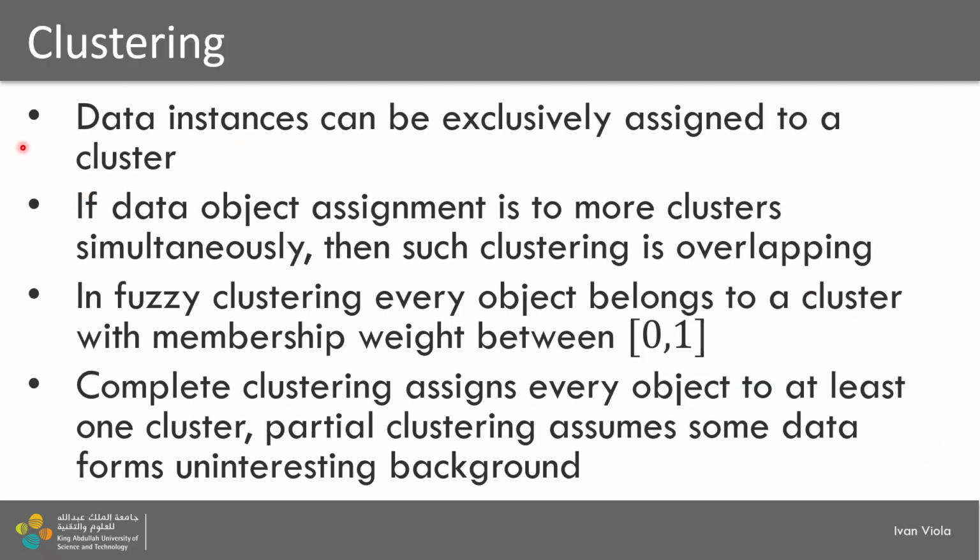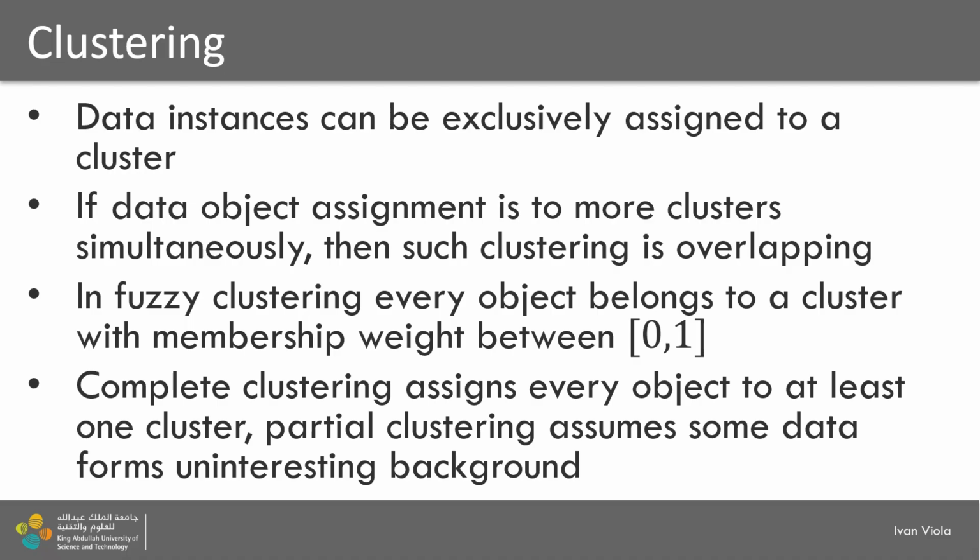It is relevant to consider how the data instances are associated with the cluster. Most common is that one data instance is exclusively fully assigned to one cluster and one cluster only. So we do not have an instance which is part of two clusters.